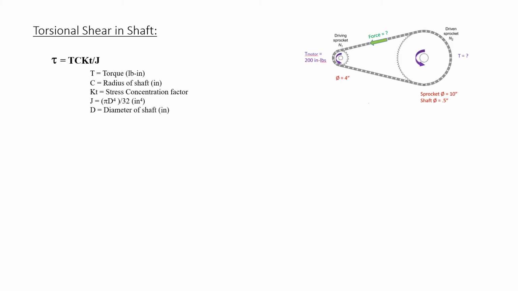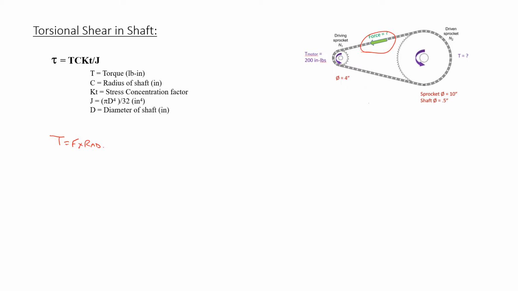As far as the calculation goes, the first thing we want to do is calculate this value of force here based on the torque that we have. So if you look at the formula for torque, in this case, torque is going to be equal to force times the radius, right?